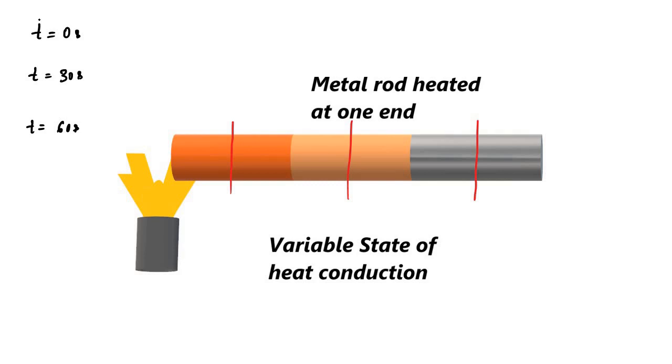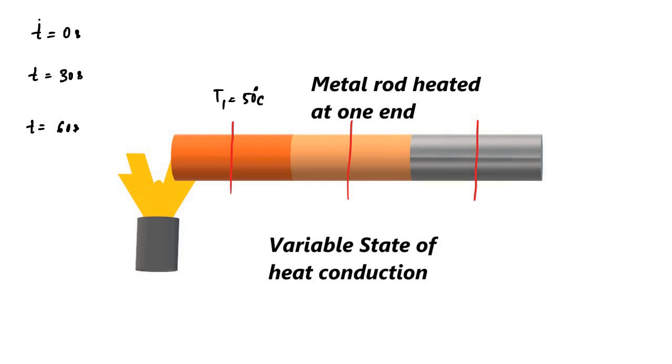At the first reading which we took, the temperature of this initial cross section, the first cross section, let's say it is 50 degrees Celsius.